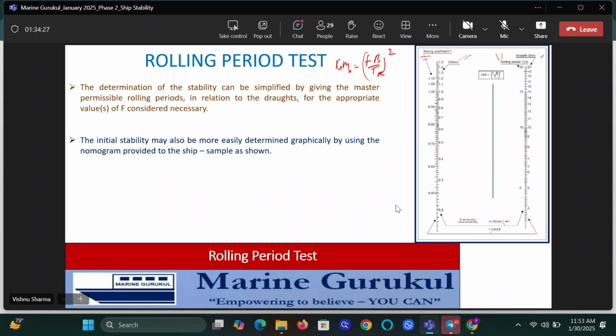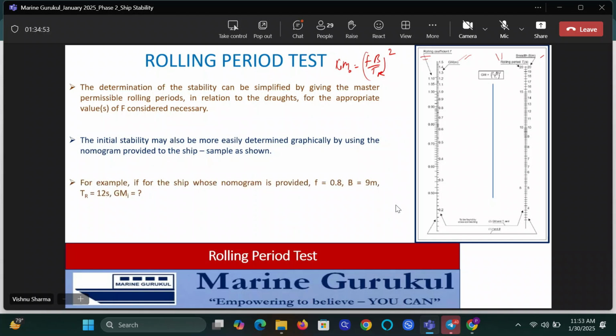And then this blue ratio line will be placed based on the vessel. Whether it is more to the left or more to the right or in between, that will be ship-specific. So this diagram is not universal; it will be ship-specific, provided to the skipper of that particular vessel.